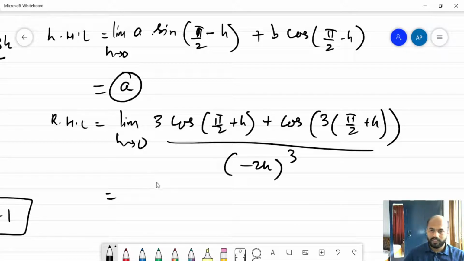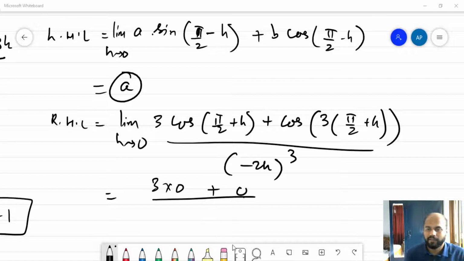Overall, this is going to be 0. This is going to be cos 3 pi by 2, that is 0 again. And here we are going to get minus 2h cube. We will have to first simplify it.